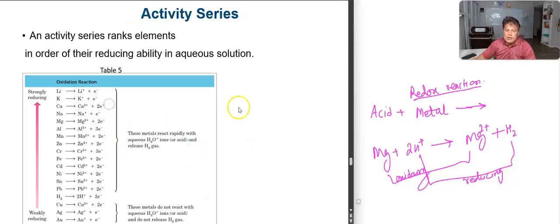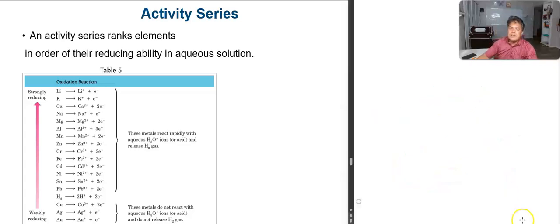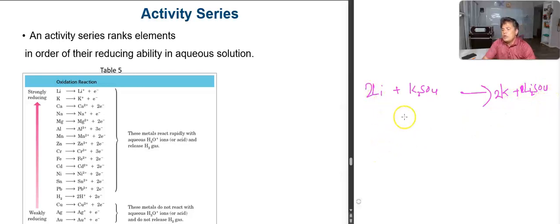Now let's see this very important activity series. This series tells us that whatever is upper can reduce whatever is below. So for example, lithium can reduce everything. For example, lithium plus K2SO4, if you do that, it will give you 2K plus Li2SO4.